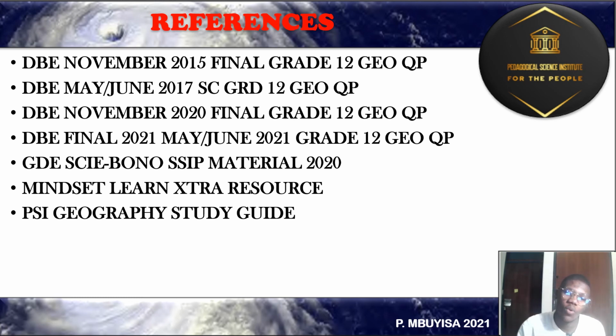And we have some questions from the Siyavula material, Mindset Learn extra resources, and the Pedagogical Science Institute Geography Study Guide that is still under construction, and that will be released for future grade 12s in due time.